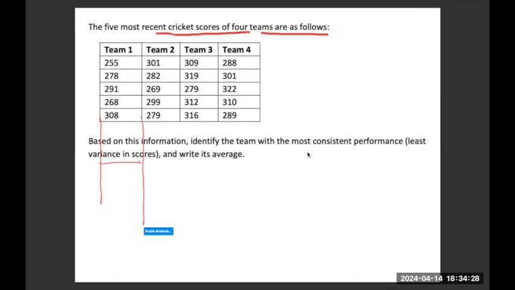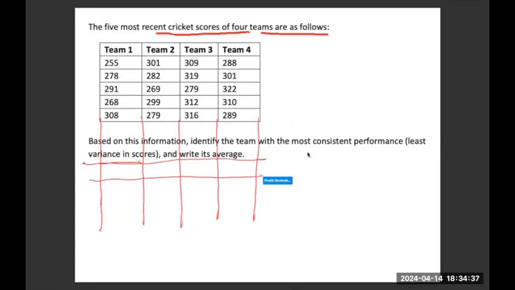So all I will do is extend this matrix further. So this is maximum score, this is minimum score, and this is the difference.